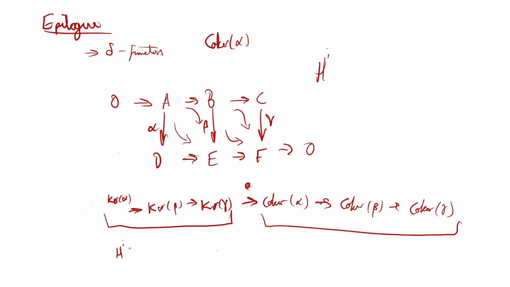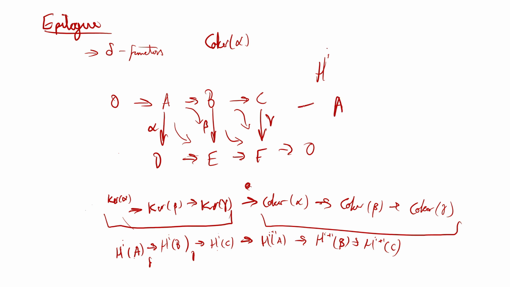So HI A into HI B into HI C into HI plus 1 A into HI plus 1 B into HI plus 1 C. So this map and this map, oh, and this is sort of derived from 0 into A into B into C, where A, B, and C are complexes.